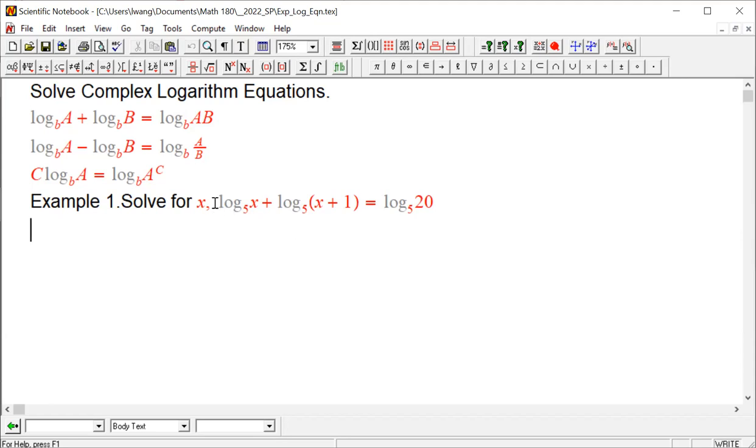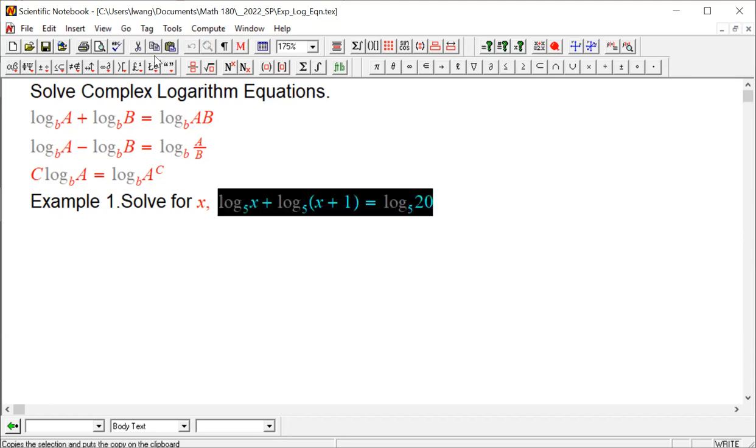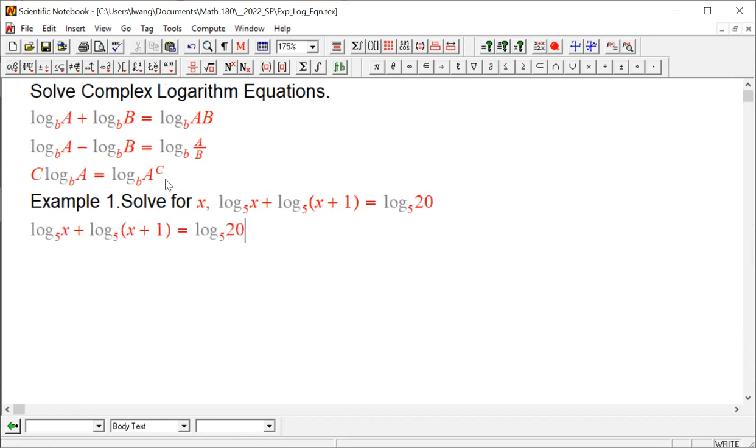One way to do it is to make a single logarithm on one side as is. Using the product rule, we have a common base 5, so we can just write it as log base 5 of x times x plus 1 equals the right-hand side.